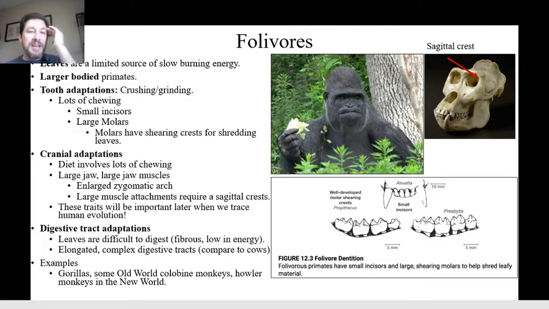And you can feel your zygomatic muscle flexing and pulsing as you do that. Okay? And so then just imagine that instead of having this little muscle right here, you had a huge muscle that wrapped around the top of your head, attached to the top of your skull, and that whenever you chewed, you felt that entire muscle flexing all over the side of your head. That's what it's like to be a gorilla.